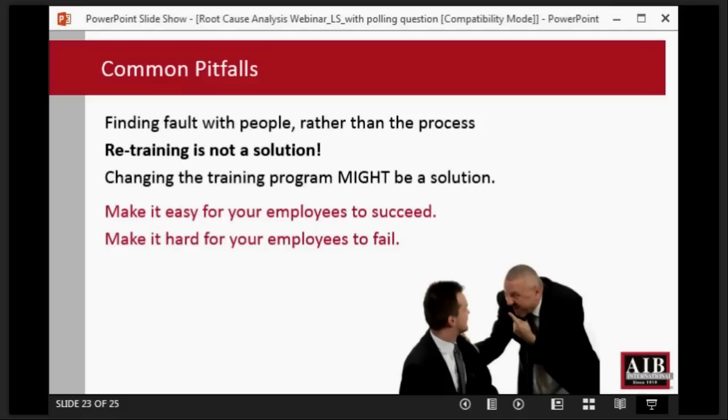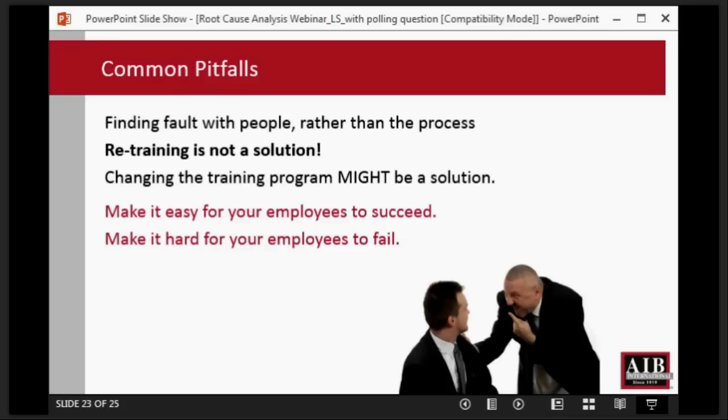So carrying on with common pitfalls, you are auditing the system. You are not auditing people personally. Many times in a company, you will see retraining written down over and over again. In many cases, retraining is not the problem. You have to go back and analyze what the real problem is.